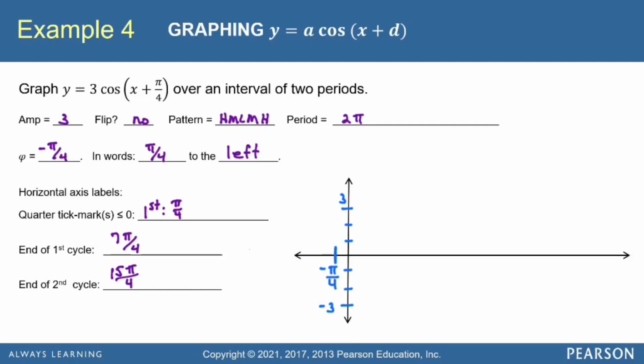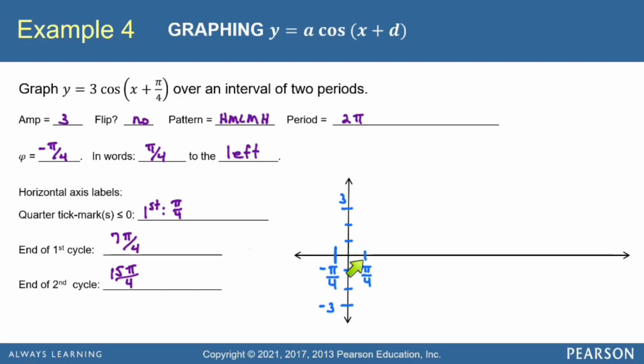Now the next 4 tick marks are going to start at positive pi over 4. So that's going to be the same distance to the right of the axis as our initial mark was to the left of the axis. So I'm going to come right here and I'm going to label that positive pi over 4. Now, you know, we always did an initial mark and then 4 more marks. And so this is the first of our 4 more marks.